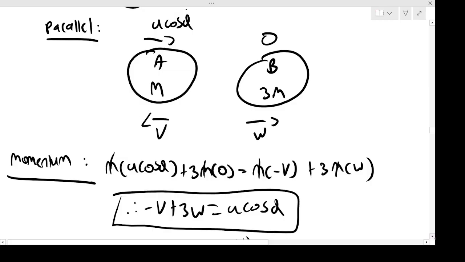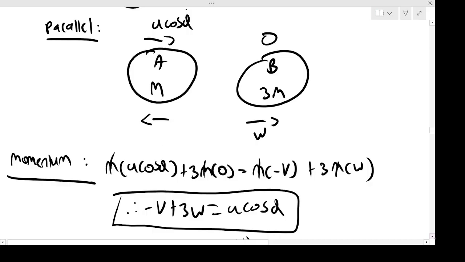So if we know for sure V's going backwards, that has to mean it's going to be a positive answer, okay? For example, if we got a negative result for V, that would tell me indeed I'd have to flip and reverse the direction, okay? So I need to consider the sign of my answer, okay?